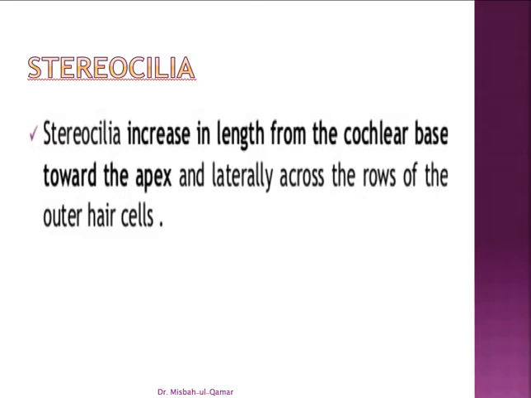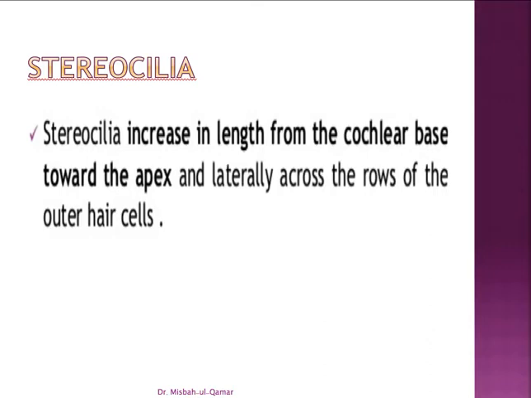So the shape of the arrangement of stereocilia in the outer and the inner hair cells is also differentiating. I hope that you get a picture of the hair cells and the stereocilia in your mind.